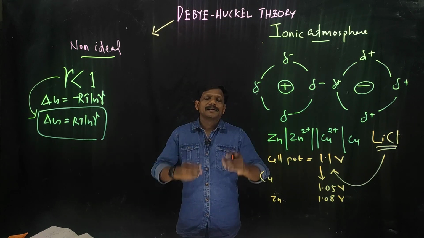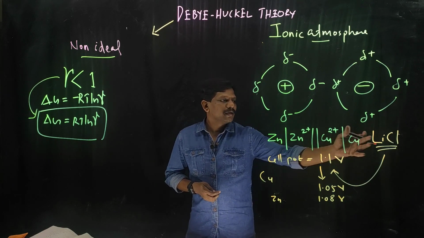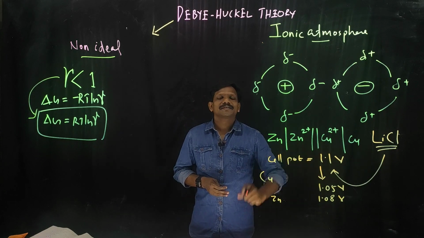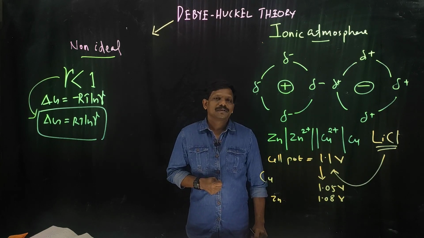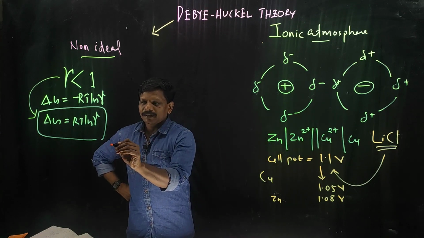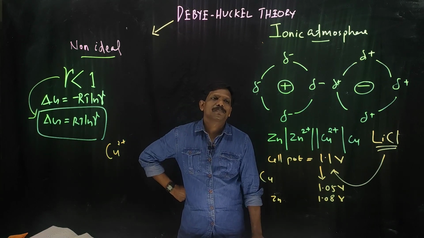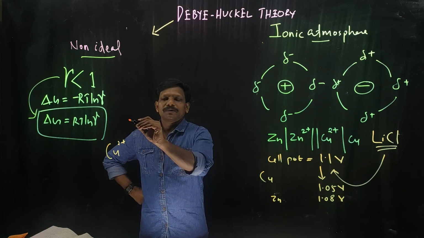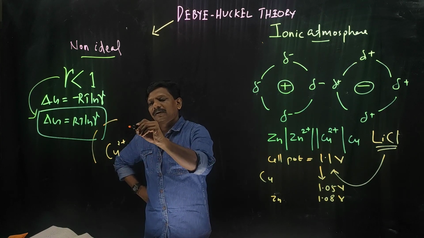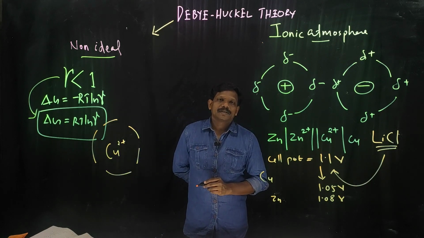So why is this reduction happening? I am adding more ions to the system, and that affects the cell potential. In the copper compartment you have copper 2 plus ions, and they make an ionic atmosphere with the negatively charged ions.